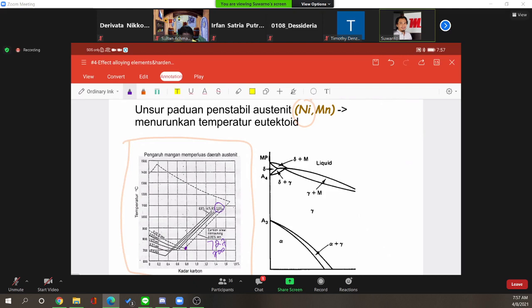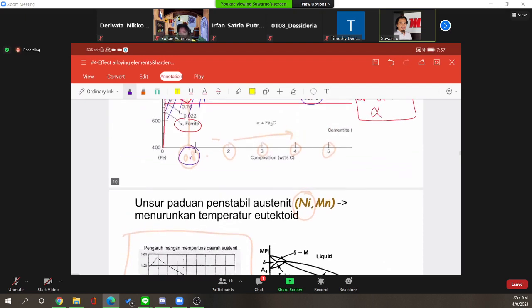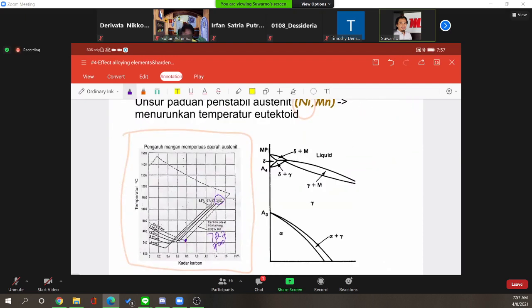For example, if you're adding more manganese here, it is 0.35 manganese, almost zero, and 2.5 here. And then if you put 9, you have this line, which means the eutectoid is now shifting to the left and going down.